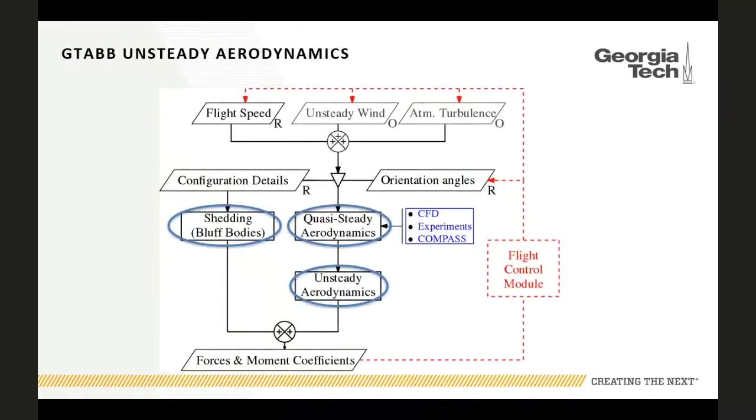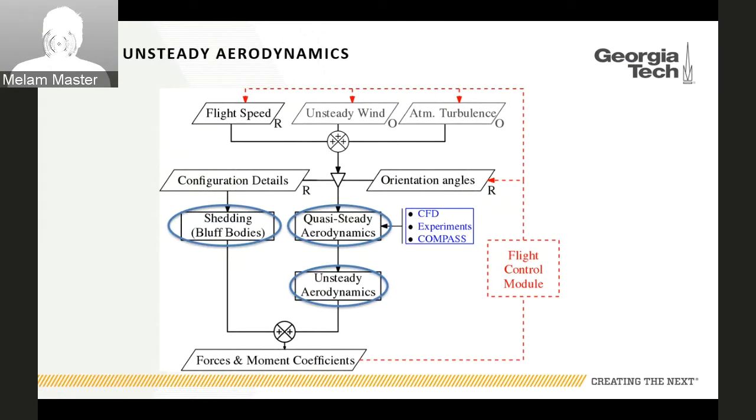This is the overview of the simulation. It starts with the inputs being the flight conditions, the configuration of the vehicle, and the orientation of the vehicle. Then some shedding analysis and quasi-steady aerodynamics are done, and unsteady aerodynamics is done on the output of that.